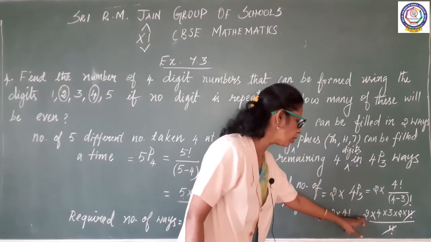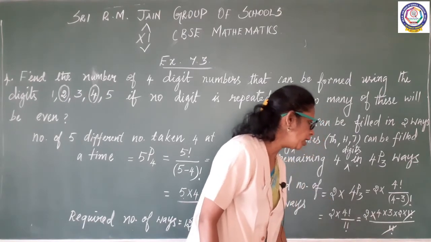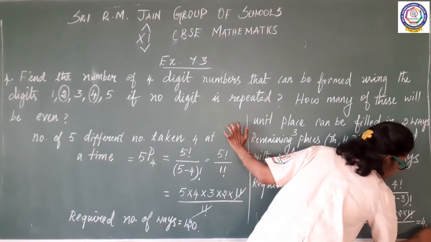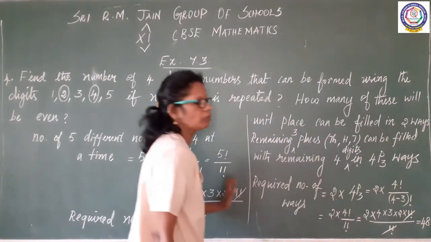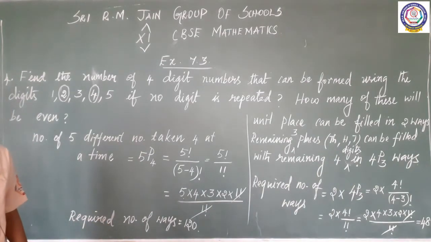Now you can multiply. 2 4s are 8. 8 3s are 24. 24 2s are 48. How many even numbers we can get? 48 even numbers we can get.